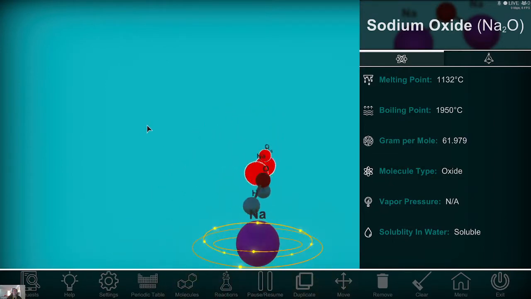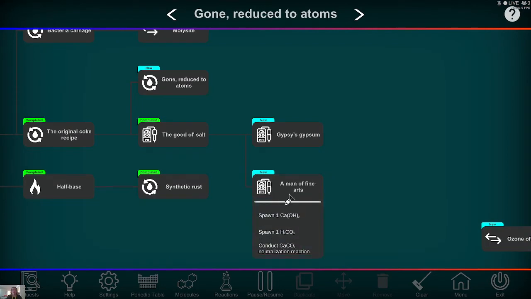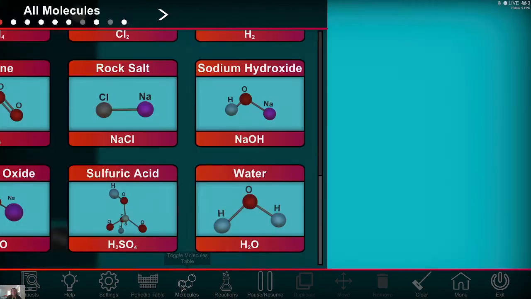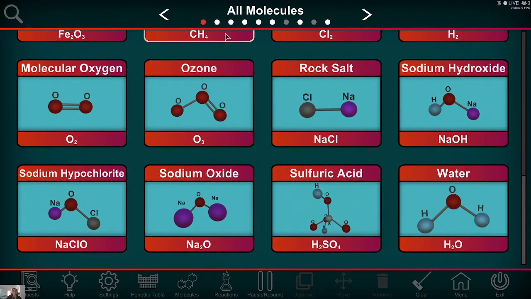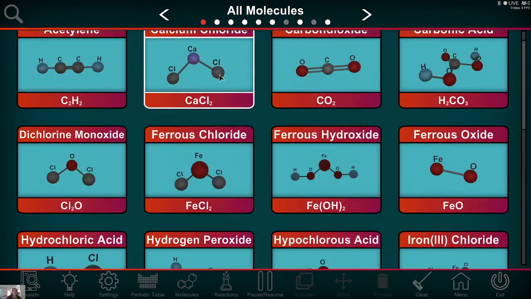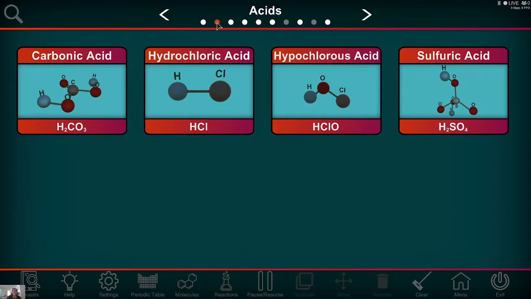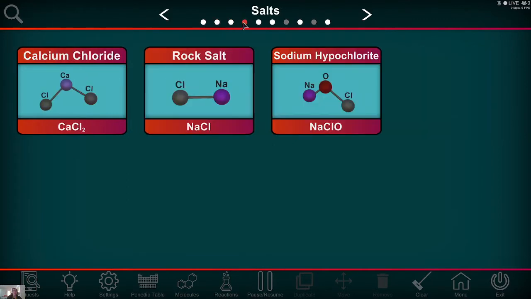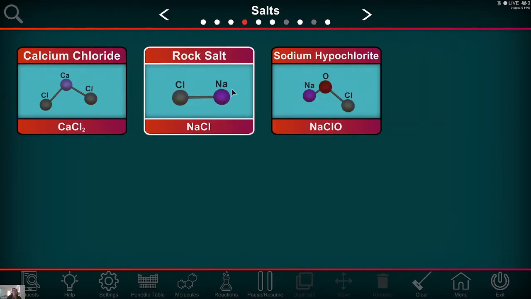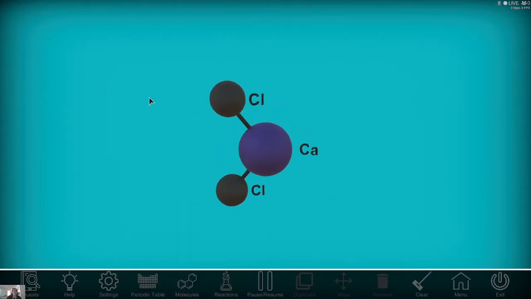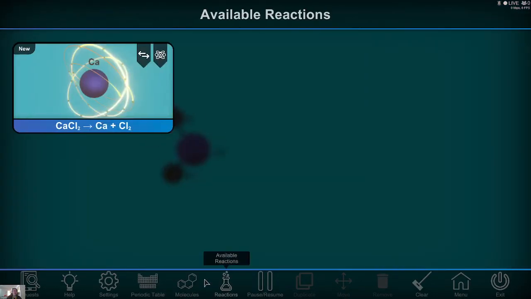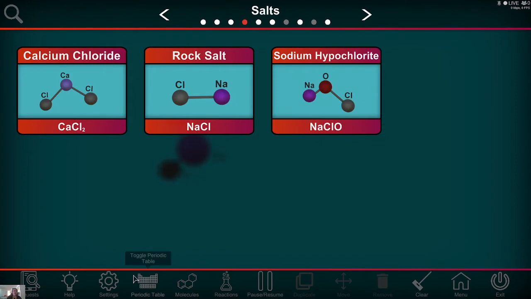Oh my god. Spawn calcium hydroxide. So technically we're going to take 8 calcium bases, calcium chloride, and then add sodium. Let's try adding sodium to that.